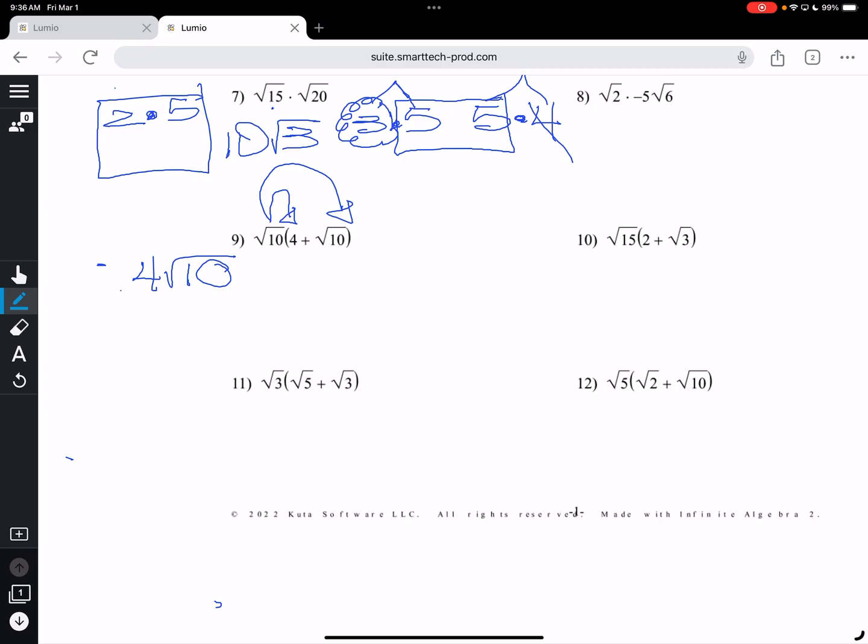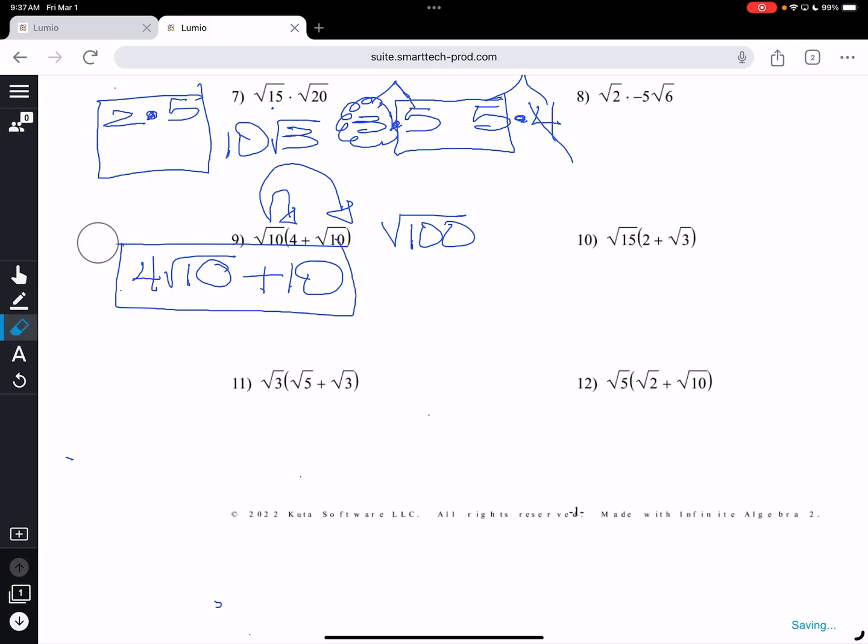Like radical 3 times radical 3 is radical 9, which is 3. Radical 2 times radical 2 is radical 4, which is 2. So you see what I'm saying? When you multiply two radicals together that are the same number, you'll end up with radical 100, which is a perfect square, and it's 10. And that's your final answer.